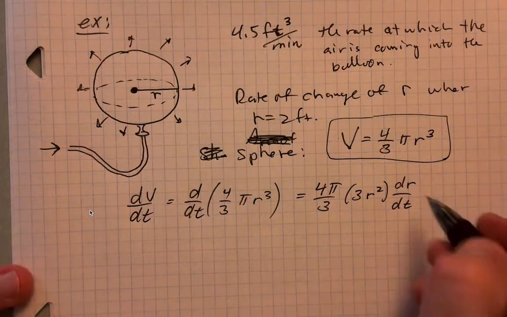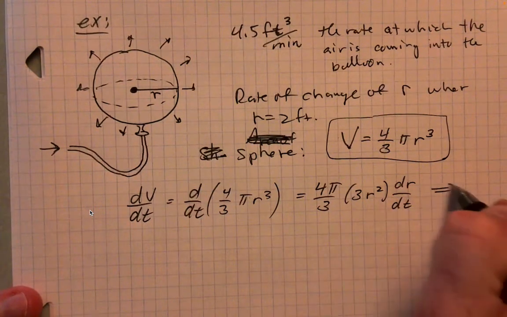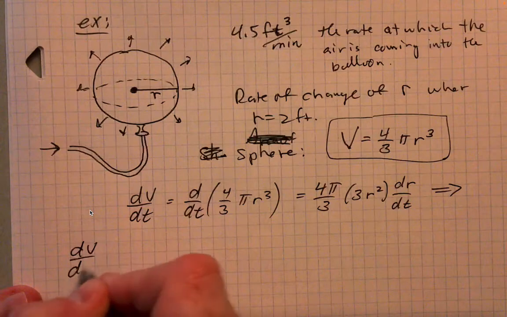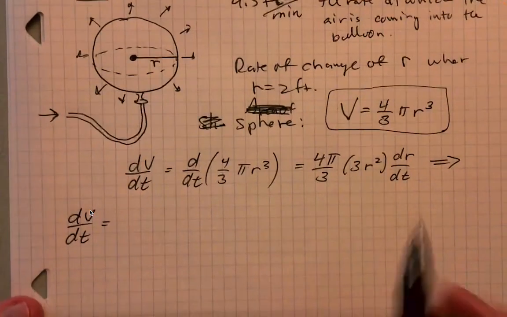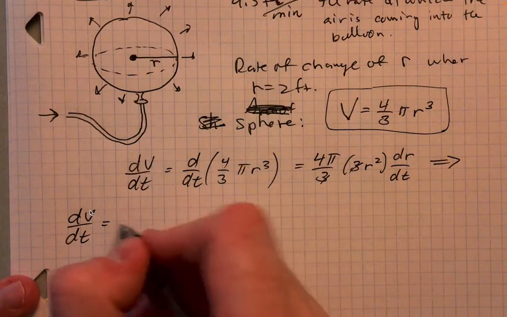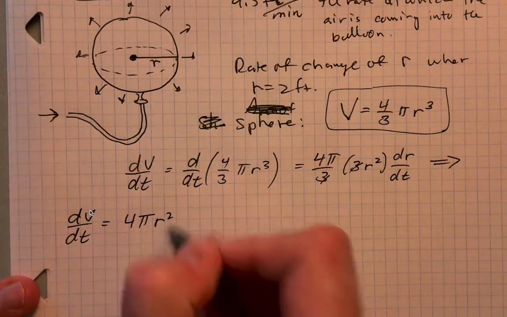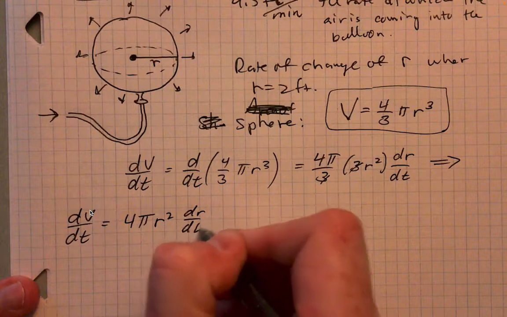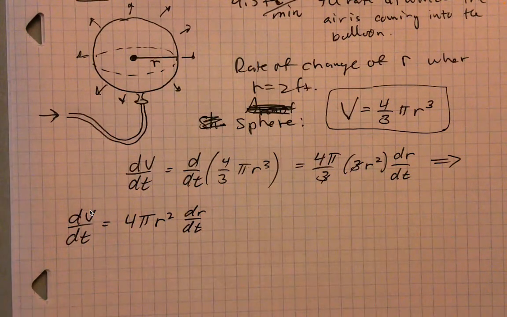All right, let's clean this up a little bit. So we would have dV/dt equals, the 3's will cancel, so you'd have 4 pi r squared dr/dt. That's the cleanest version of the expression.